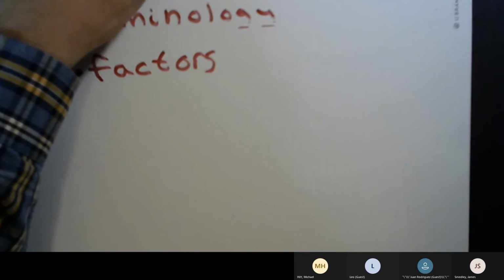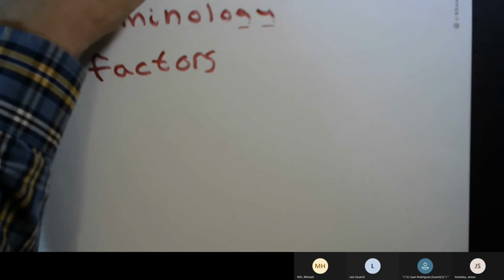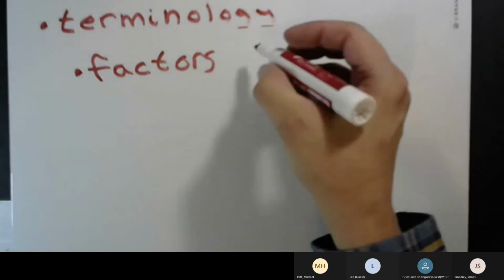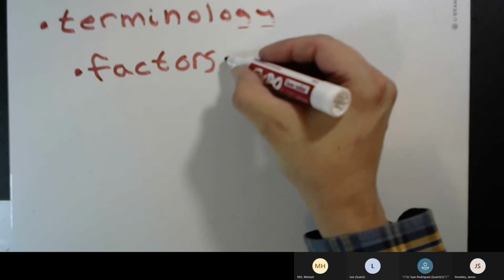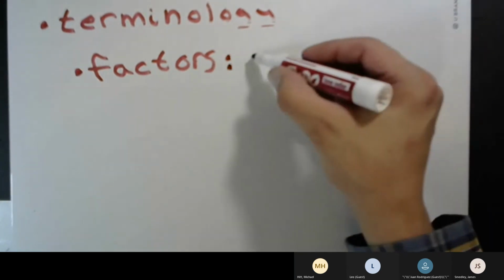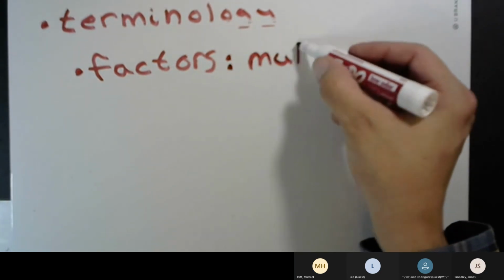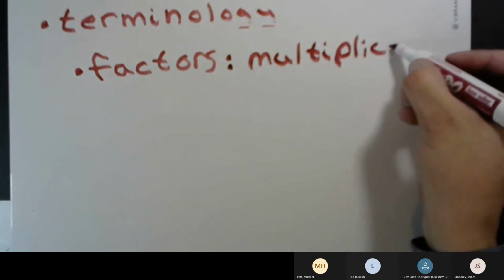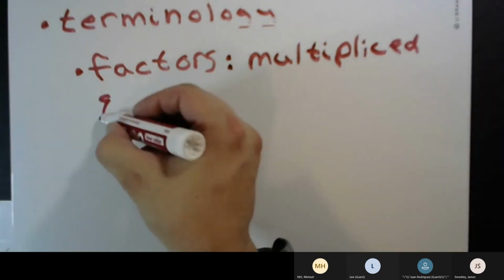Here, I just want to double check, make sure I'm using the definition they're going to want you to use. So multiplied quantities.